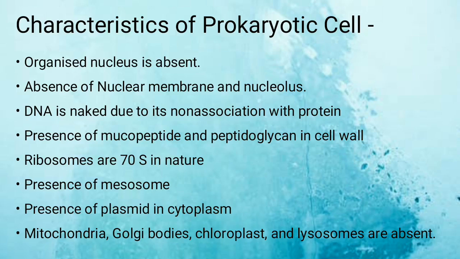Ribosomes are 70S in nature, which have two subunits, one is 50S and the other is 30S. Presence of mesosome, presence of plasmid in cytoplasm. Mitochondria, Golgi bodies, chloroplast and lysosomes are absent.